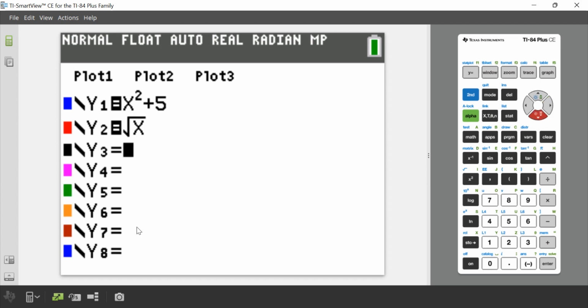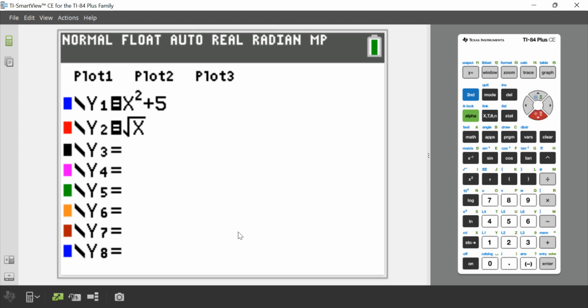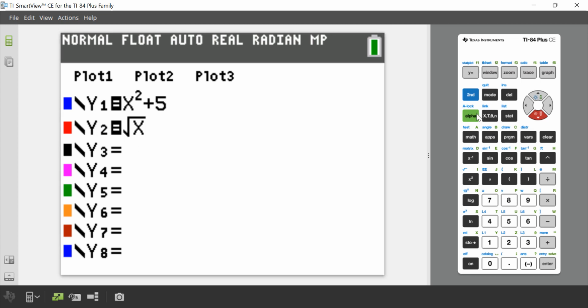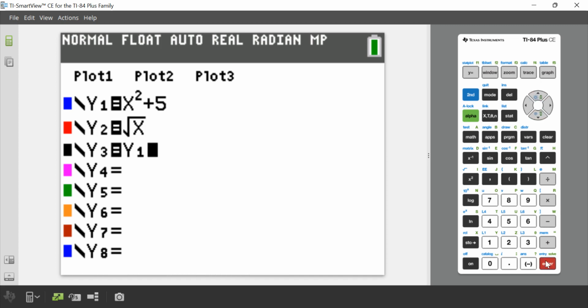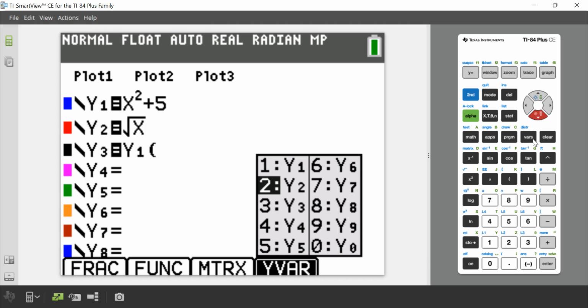Then, if I want to look at the composition of these functions, I can define my y3 as y1: hit alpha f4, find y1 and press enter, and then in parentheses put y2, so alpha f4, y2.